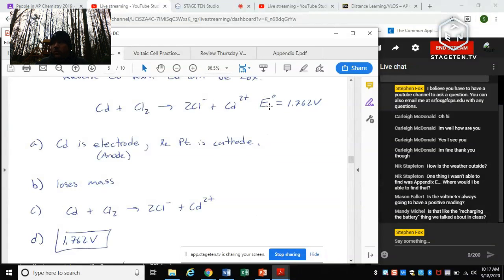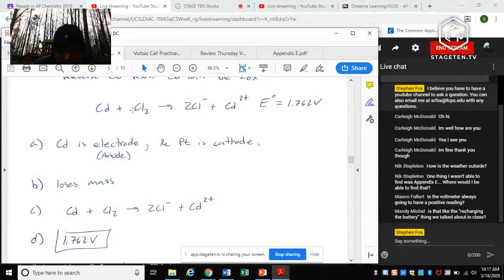So if I threw cadmium, chlorine, chloride ions, and cadmium ions all together in the pot, the chloride ion and the cadmium ion wouldn't react in the reverse reaction to form chlorine and cadmium spontaneously, but the forward reaction would.